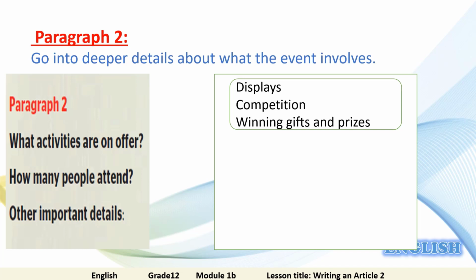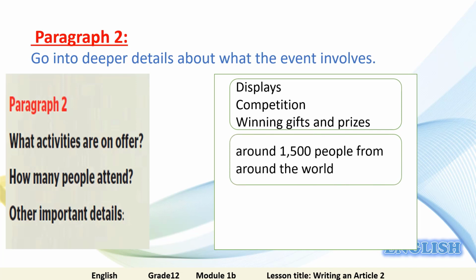Let's include some facts and numbers, figures. How many people attend? It's around 1,500 people from around the world. What other important details would you like the reader to know about?